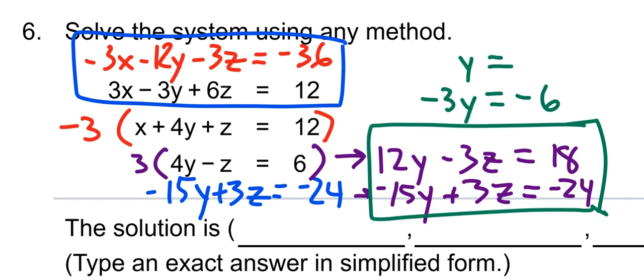Hopefully you ended up getting -3y equals -6, therefore y equals 2. What are we going to do with that to find z? Where are we going to put it? I'm going to put it right there.